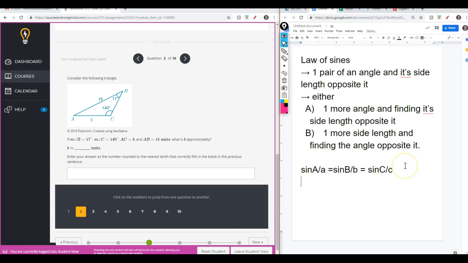And you can use the reciprocal rule on this and have the side length divided by the sine of its opposite angle. So either one of these you can use. It depends on what you're finding and how you want it set up. So that's a recap of the law of sines.